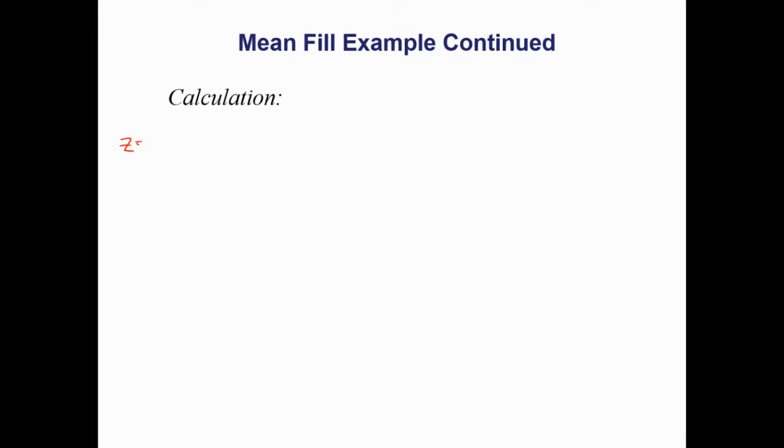Z is equal to x1 bar minus x2 bar, minus mu1 minus mu2, over, and we have our big old standard error, standard deviation, whatever you want to call it. Sigma 1 squared over n1 plus sigma 2 squared over n2.